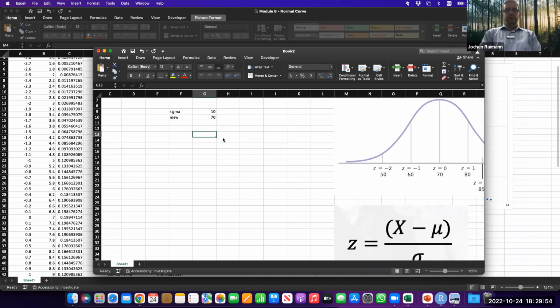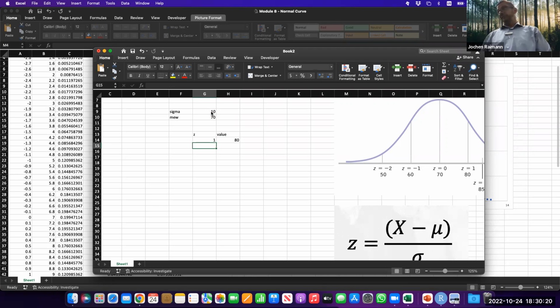And if we want to calculate now our z for the value, let's say 80, it is now the individual x of 80 minus the mu divided by the sigma, right? So that's 1.